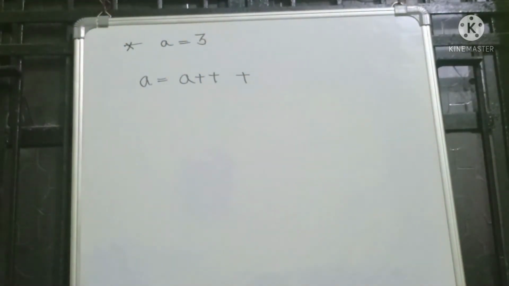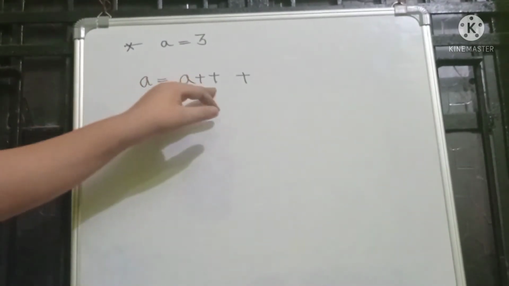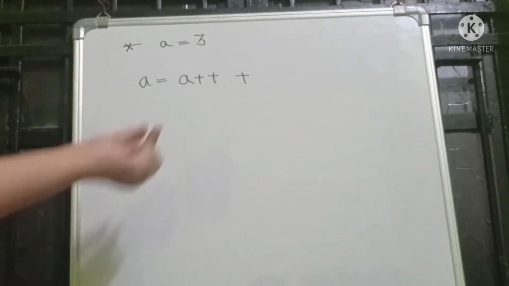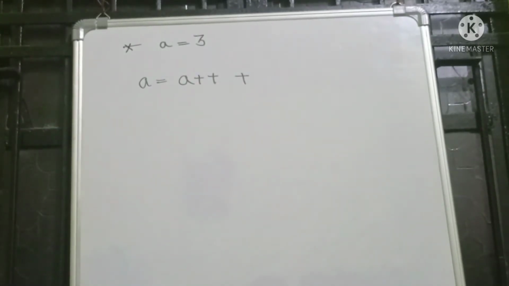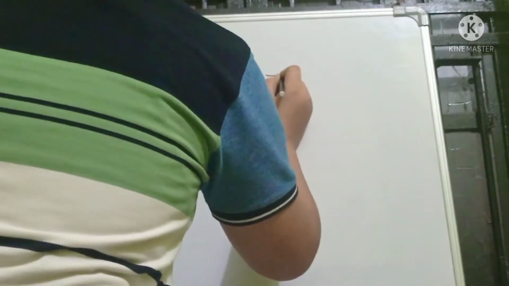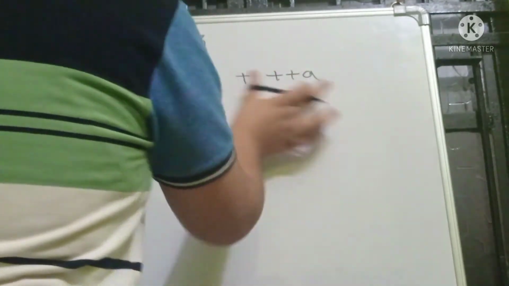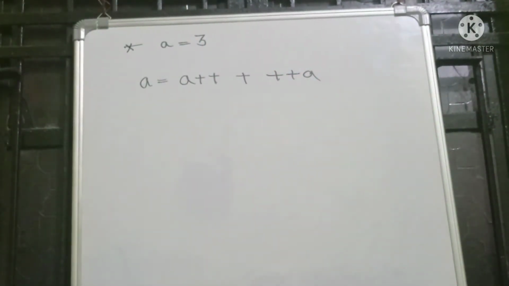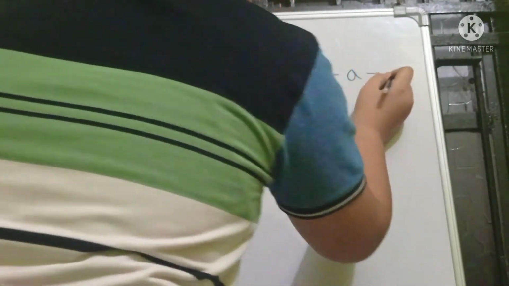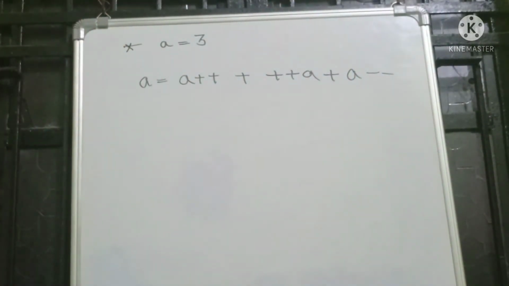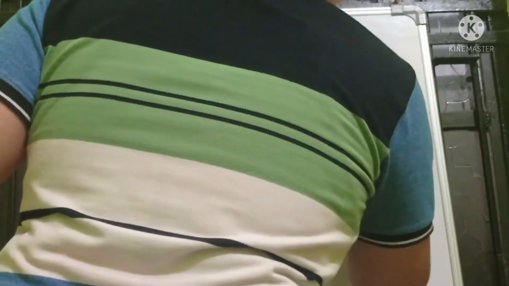Plus, don't be confused between 3 plus, okay? You know 2 plus and 1 plus of arithmetic. See how many pluses there are. a minus minus plus a minus minus minus minus minus.